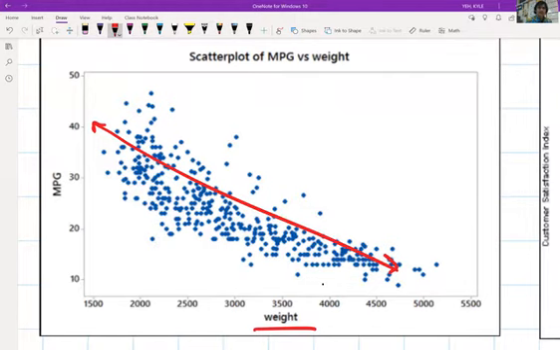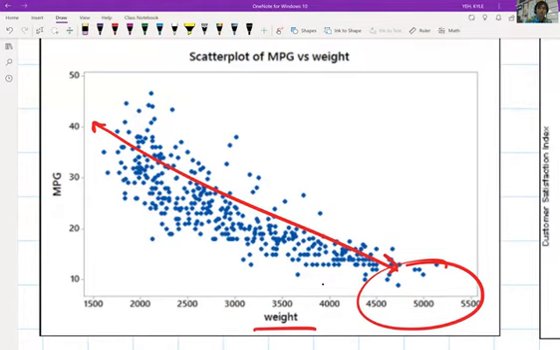Well, that makes sense because it doesn't have to propel as many pounds, as much weight, and so you can get more miles out of it because it's a lighter vehicle. Whereas if you have a really heavy vehicle, it often doesn't have great mileage, and you can see that down here. The really heavy vehicles are not getting very many miles to the gallon.